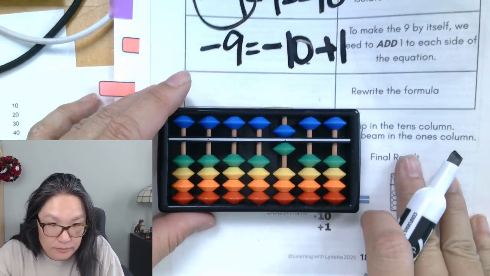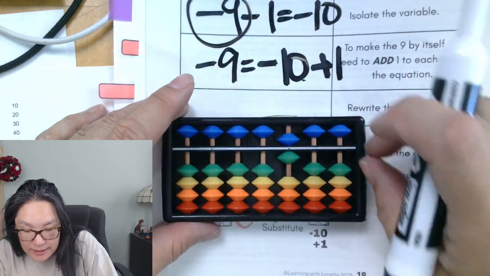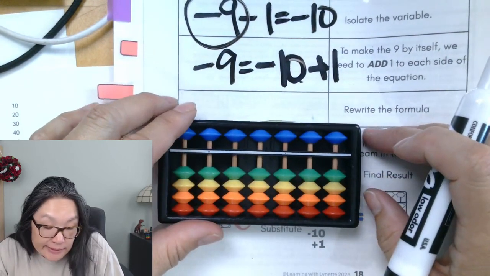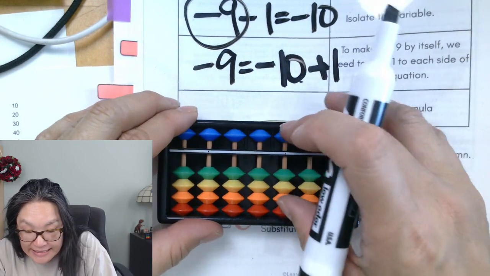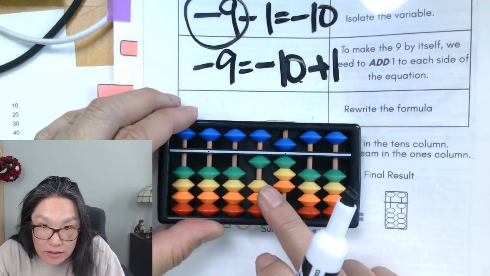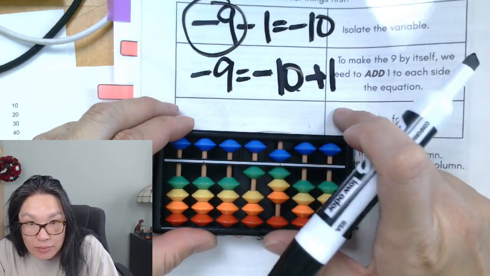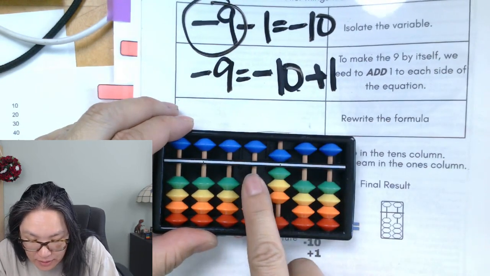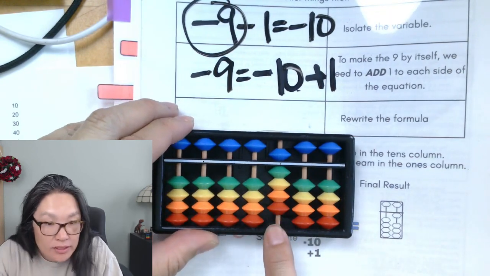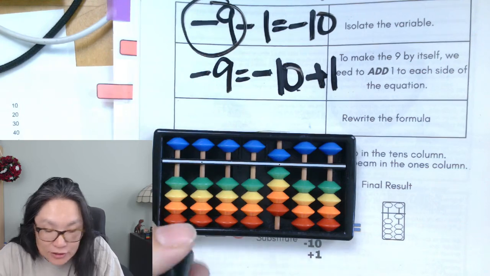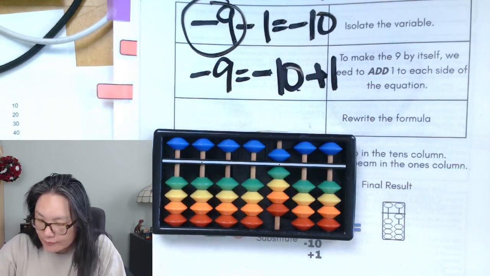And it's the same thing. If I had 18 and I want to minus the 9, I need to minus the 10 plus the 1. I take away the 10 and I add the 1. My final answer is 9. Great, Layla!